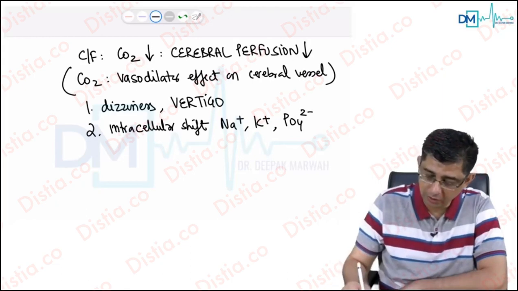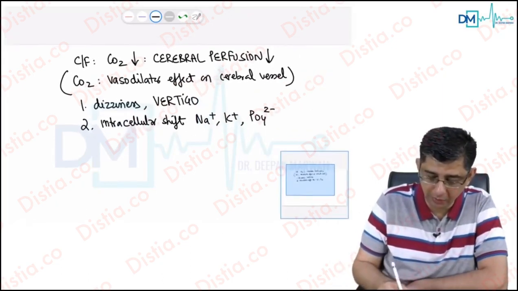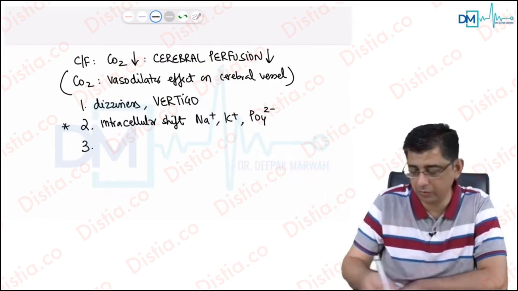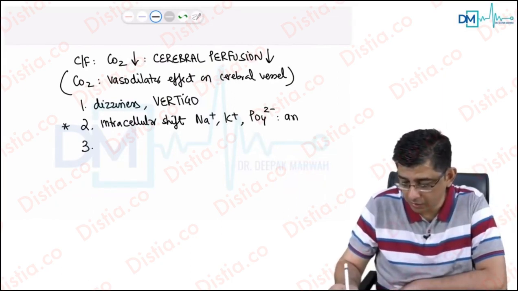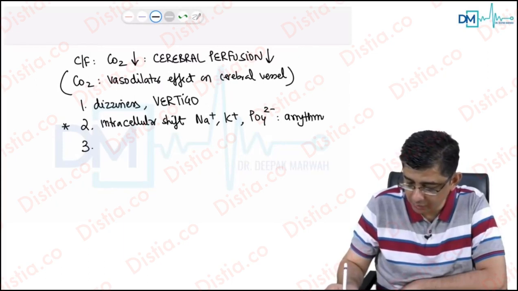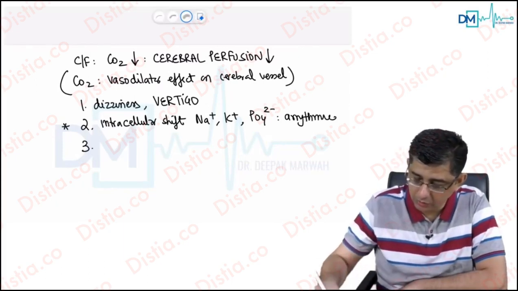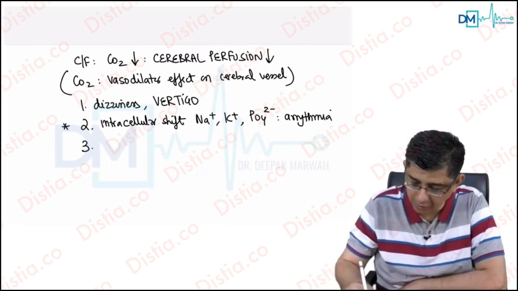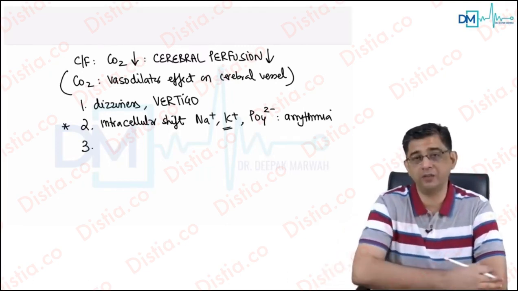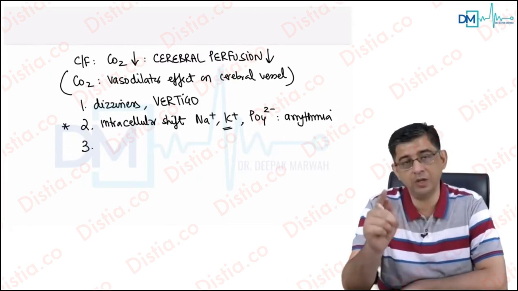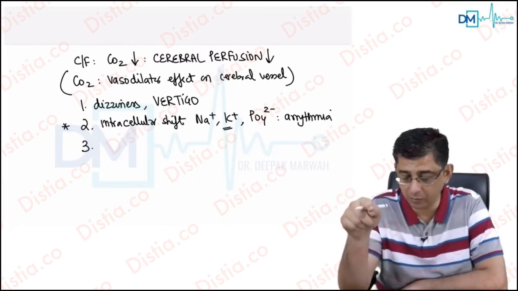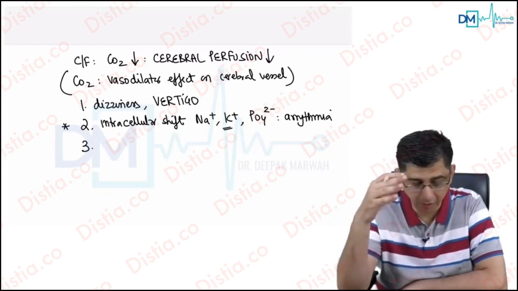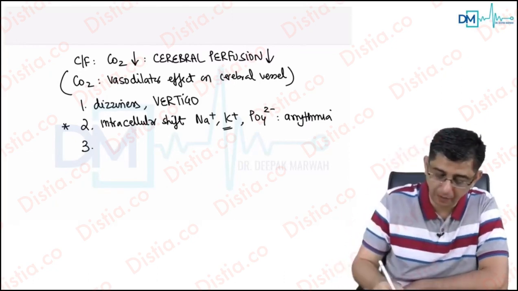Due to intracellular shift of these electrolytes, the patient might end up with arrhythmias. Arrhythmias are written in respiratory alkalosis mainly with respect to the potassium values in the patient falling. For example, hypokalemia can contribute to torsades de pointes in a patient. Remember, the electrolyte imbalance contributing to torsades de pointes is hypokalemia. So intracellular shift of these electrolytes can contribute to arrhythmia presentation.